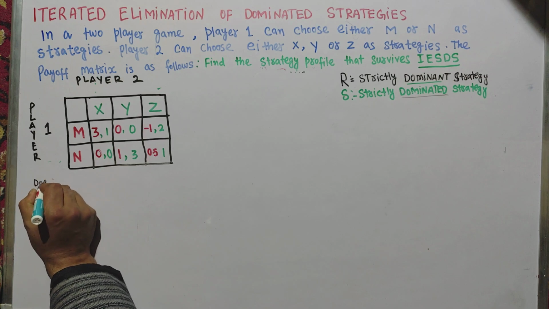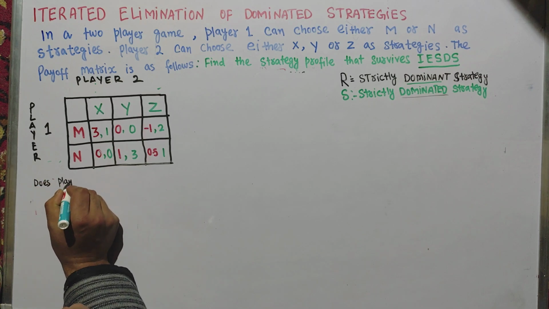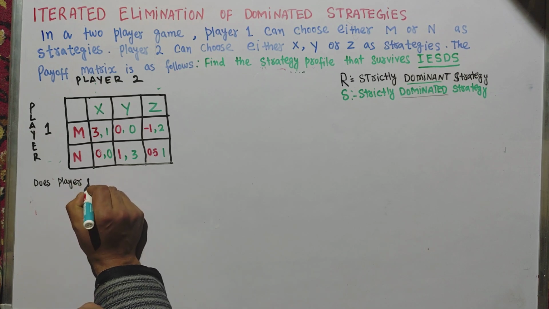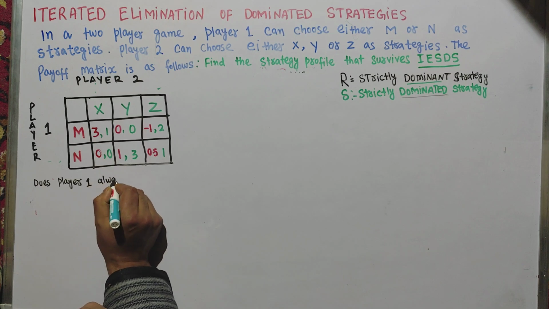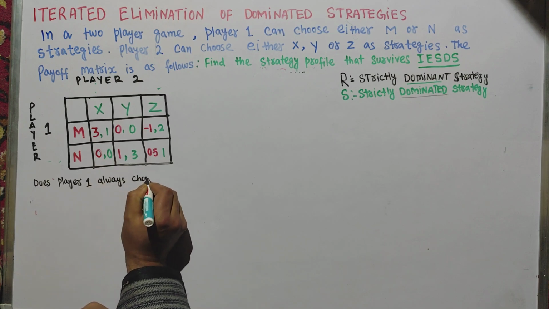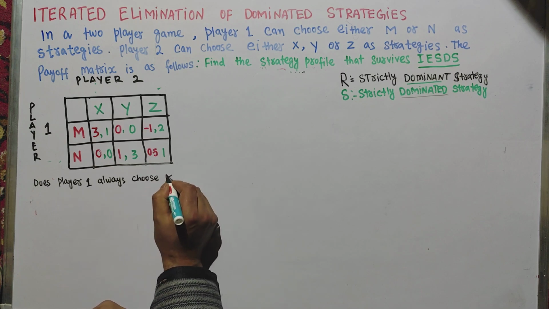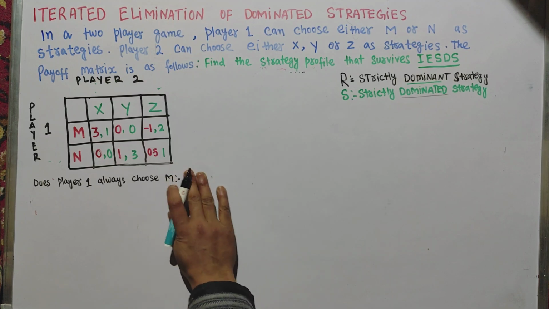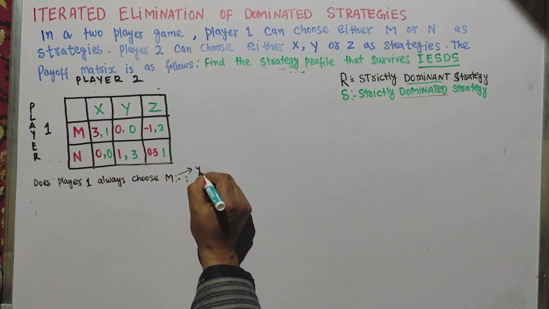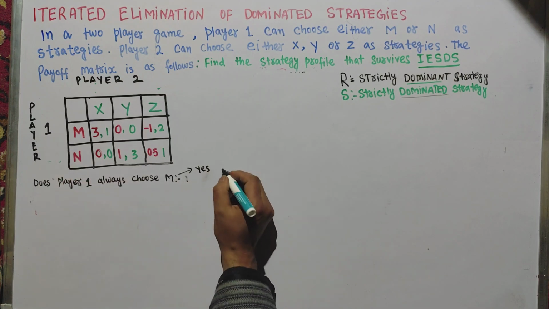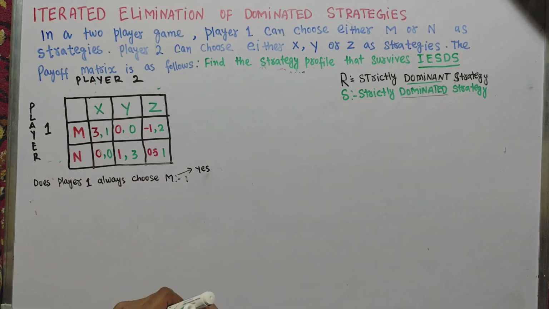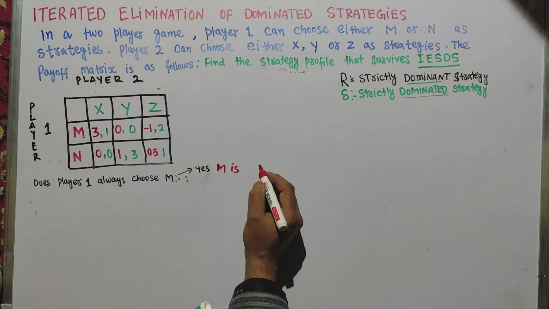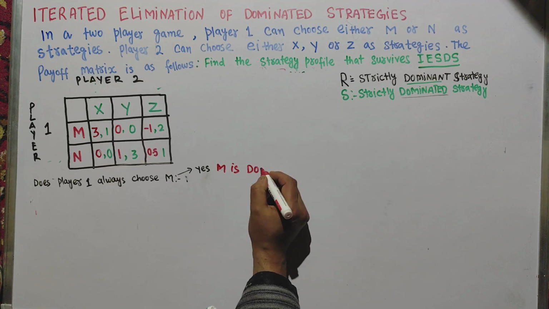Does player 1 always choose M? If yes, then we say M is a strictly dominant strategy.